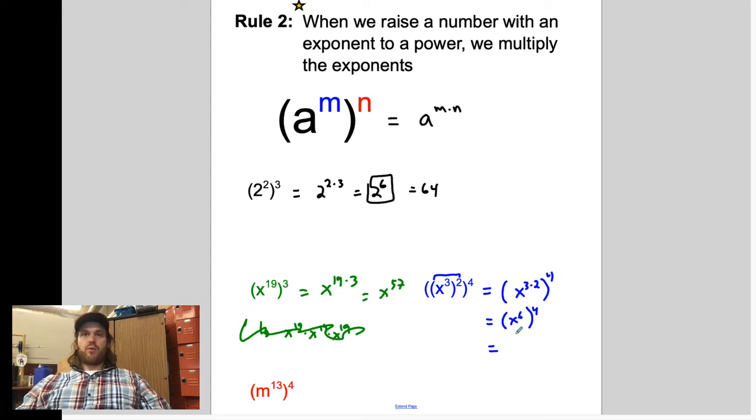And now we can apply rule 2 again. We're raising x to the 6th power to the 4th power, which means that is x to the 6th times 4. Whoa, what the? x to the 6 times 4, which is x to the 24th power.